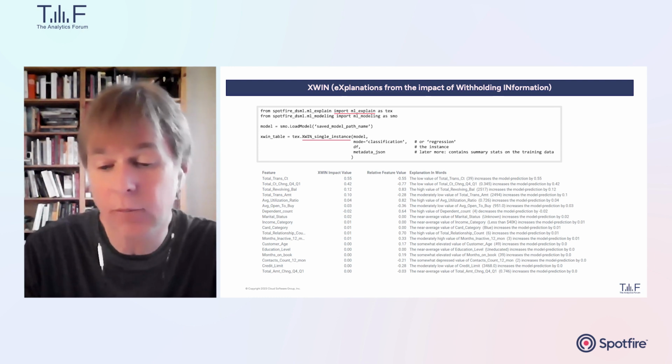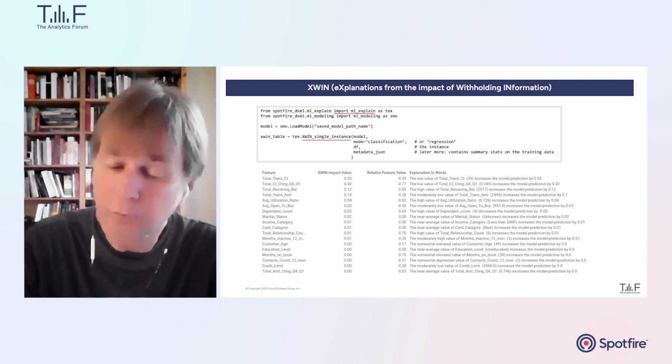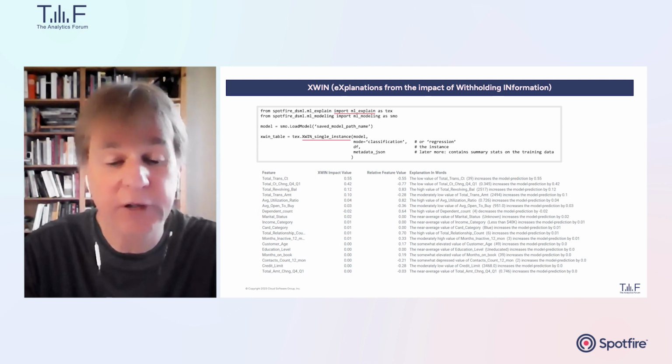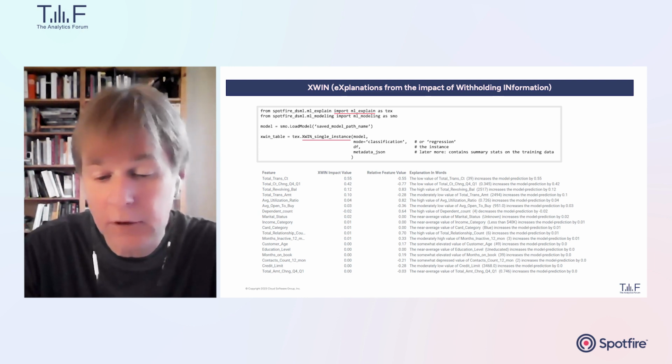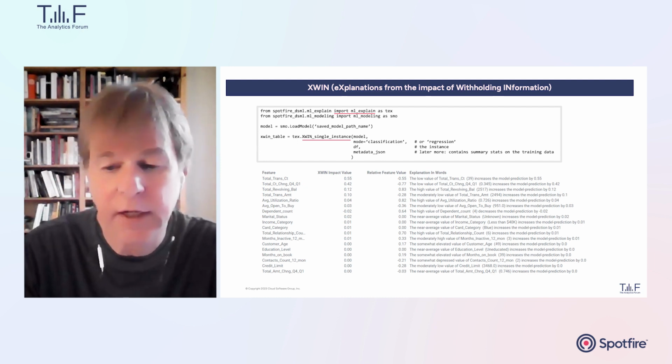Gaia will say more about how to compute this during training and its availability in the prediction environment. Also, an English language sentence is generated, like the one on top: the low value of total transaction count, 39, increases the model prediction by 0.55.